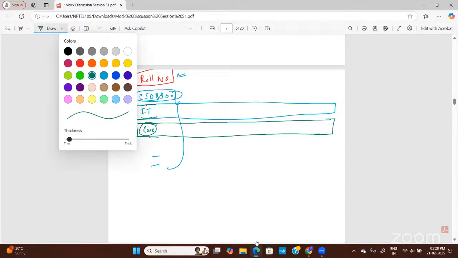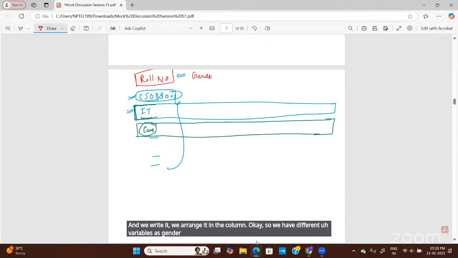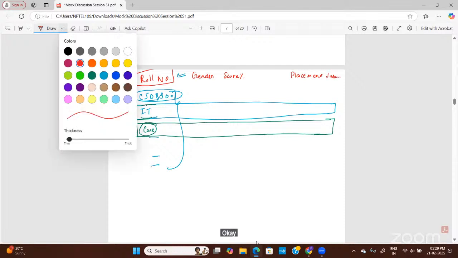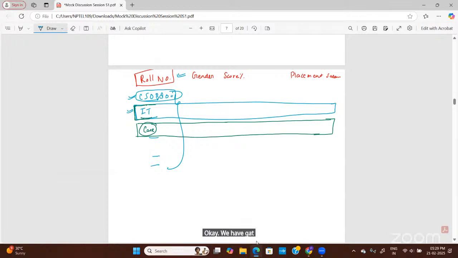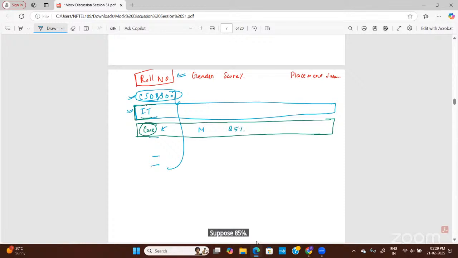We have different variables such as gender, score percentage, placement status, salary. This particular person has gender female or male, score suppose 85%, placement status suppose placed. So in one row, you will get the information for this particular case.